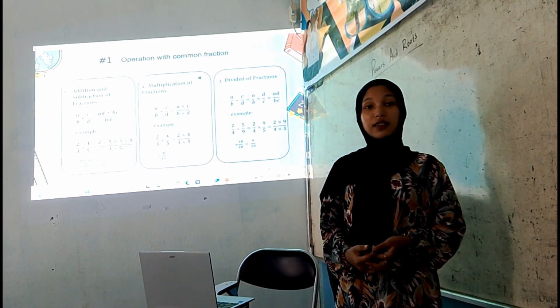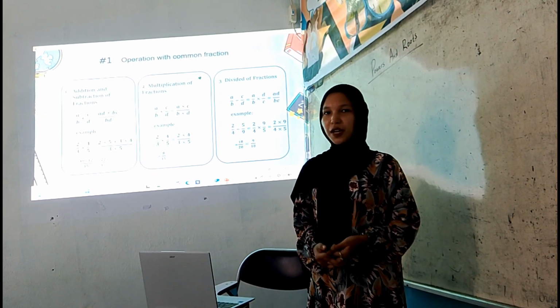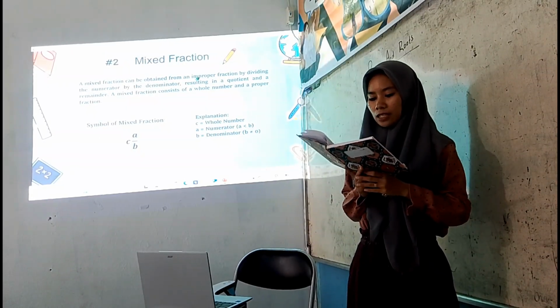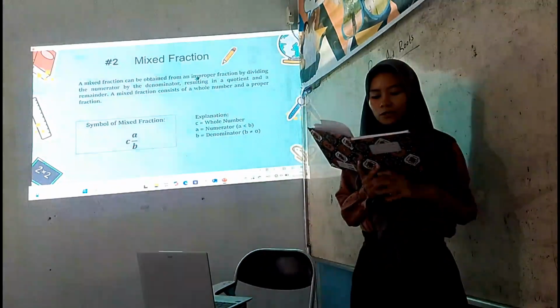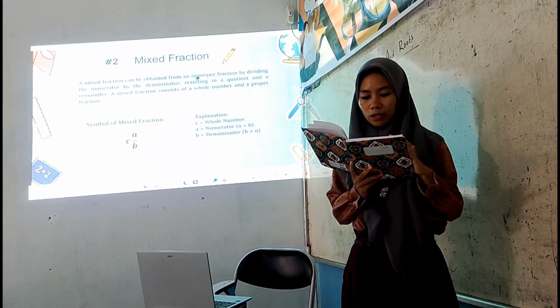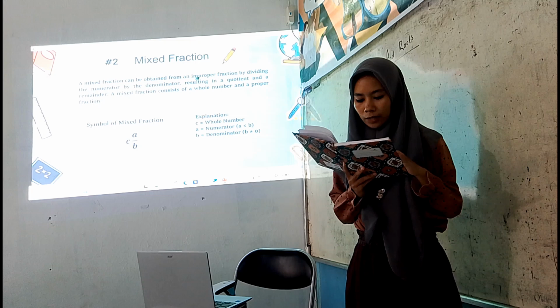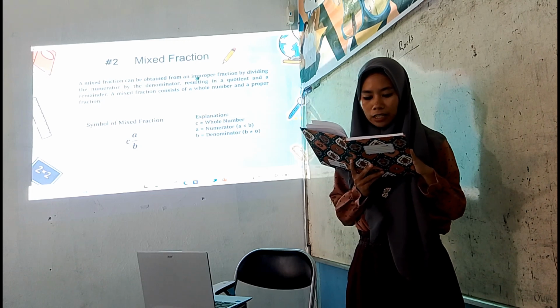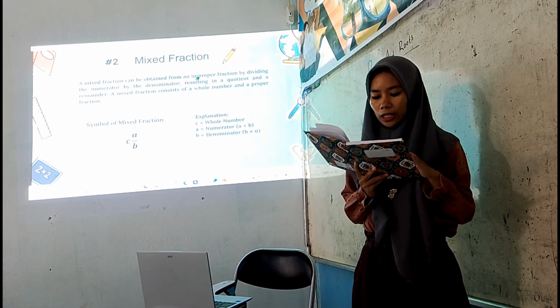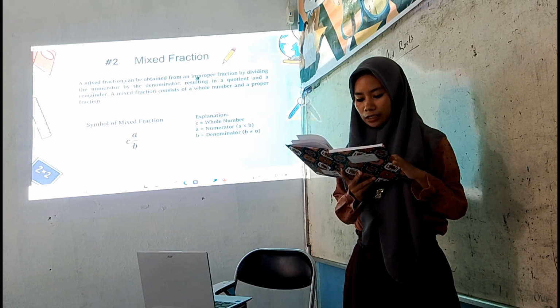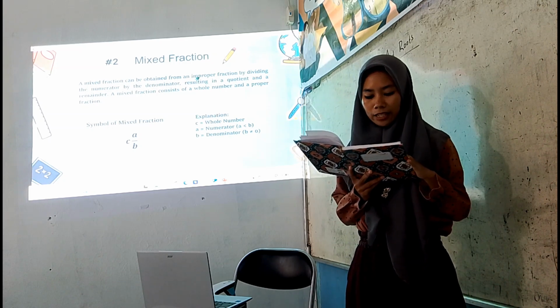And then the speaker, Nur Habibah. Now let's begin. Number 2 is mixed fraction. A mixed fraction can be obtained from an improper fraction by dividing the numerator by the denominator, resulting in a quotient and a remainder.